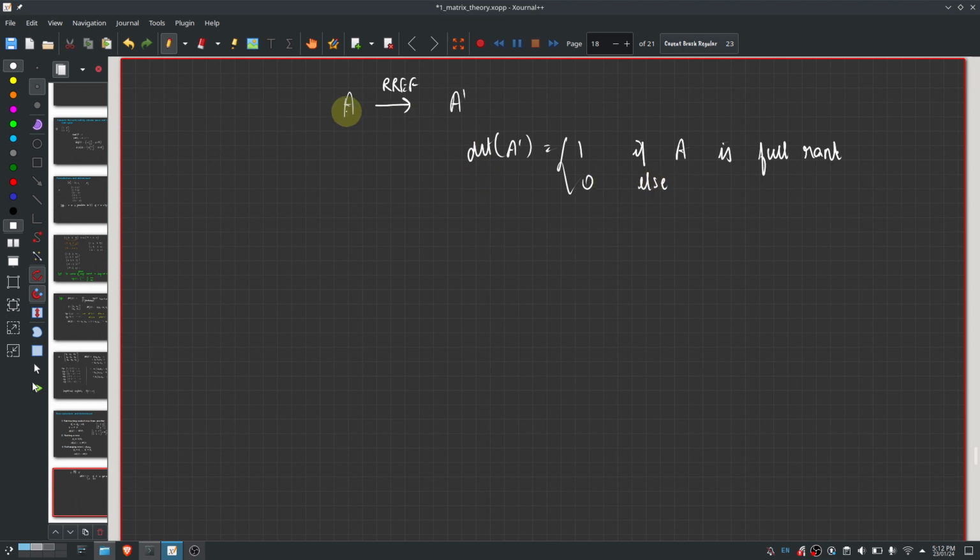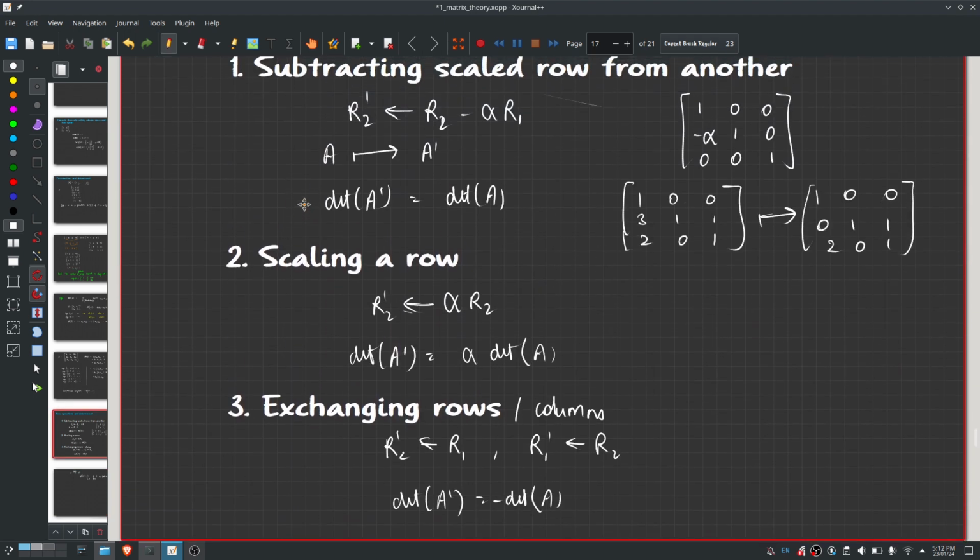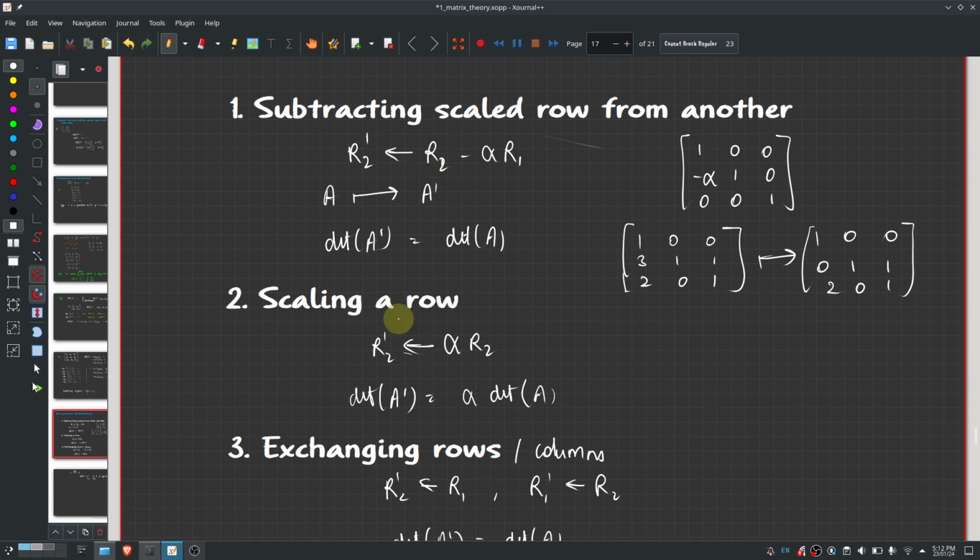Alright. So in going from A to A prime, we did a number of row operations, and all we need to do is keep track of what operations we did. Any type 1 operation doesn't change the determinant. Any type 2 operation essentially just scales the determinant, correct?